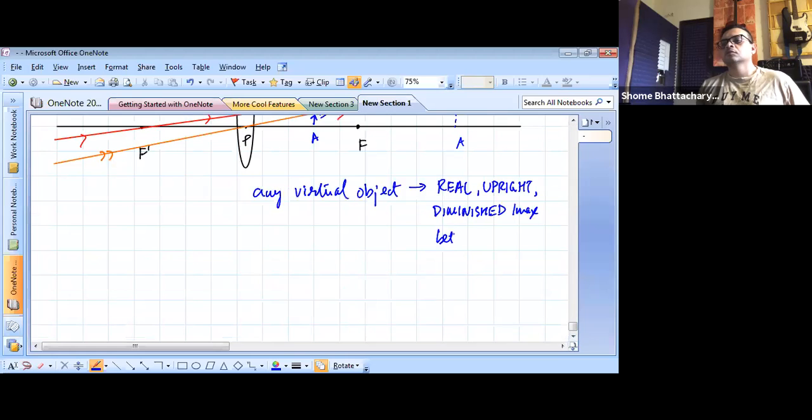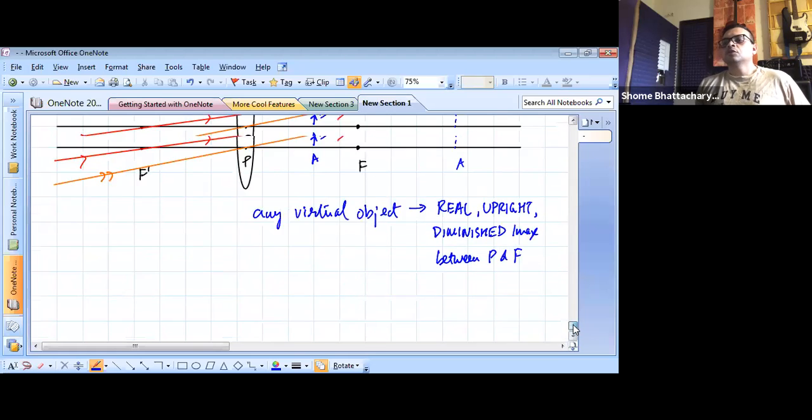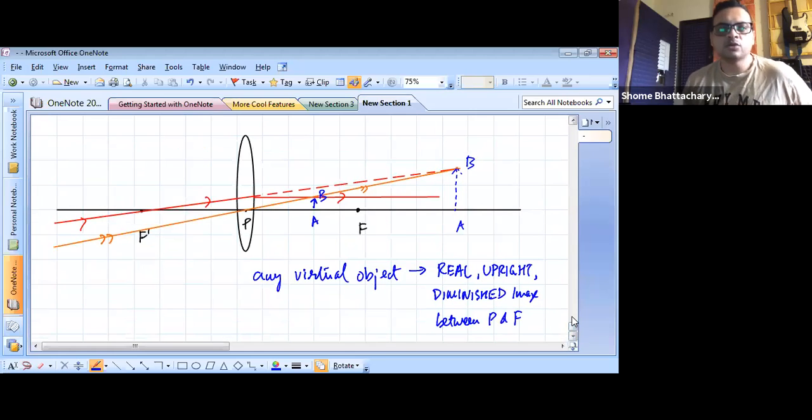So now let us understand this in a situation where there's a combination of lenses. Then we'll come to situations where there are divergent lenses also.